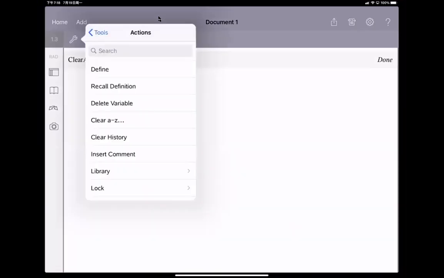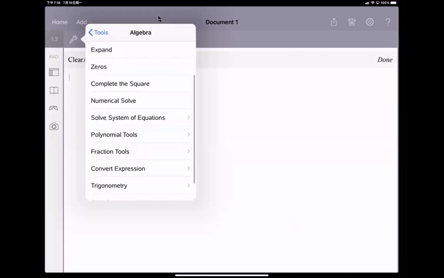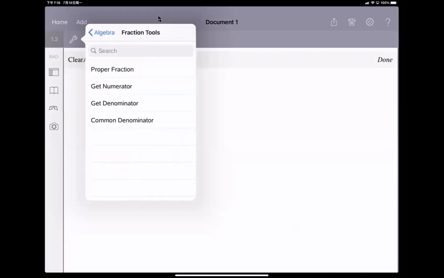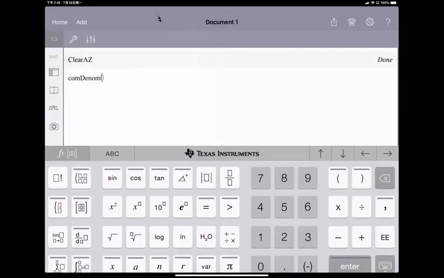Let's use my CAS calculator, Algebra, fraction tools, I believe, and common denominator. So I'm putting the 3 terms one by one. 1 over x plus 1, take away 2 over 2x minus 1. And finally, take away 1 over 2x minus 1 squared.